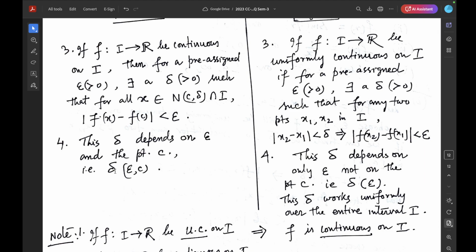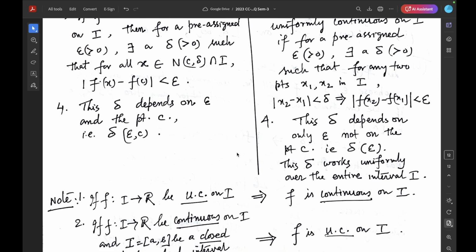So if point c changes, then delta changes also. Whereas for uniform continuity, delta depends only on epsilon, not on the point c. This delta works uniformly over the entire interval I. Actually, this delta is the infimum of this delta epsilon c.